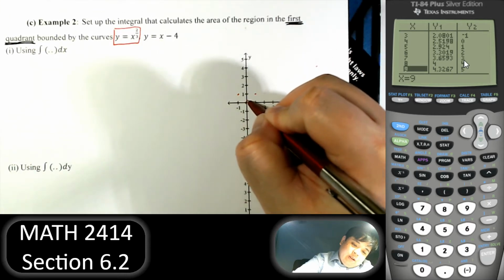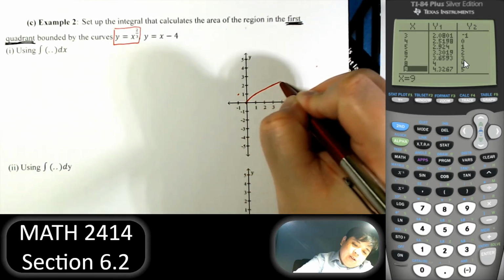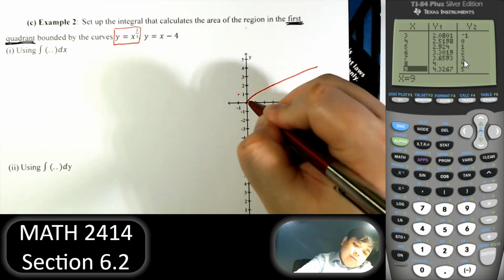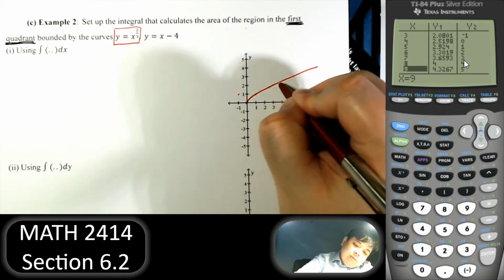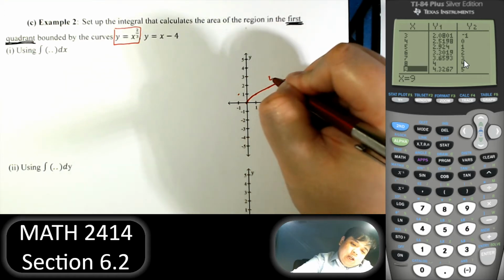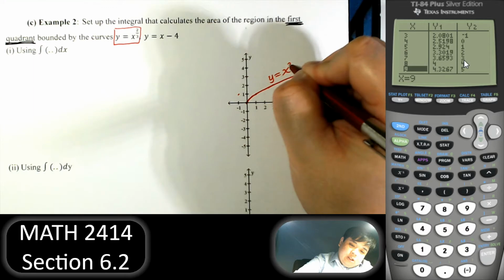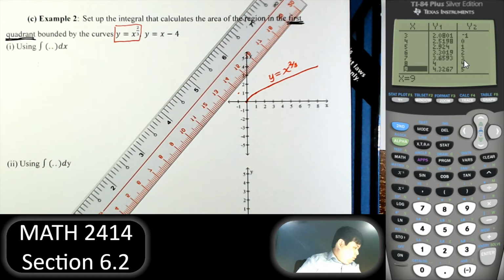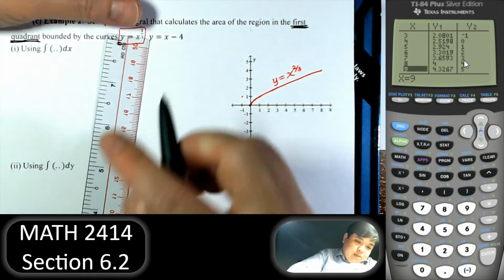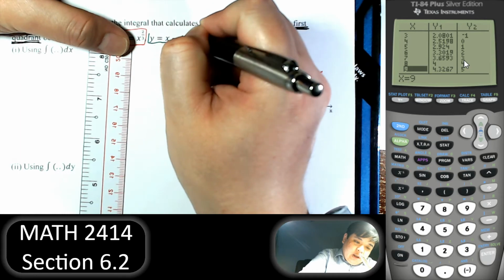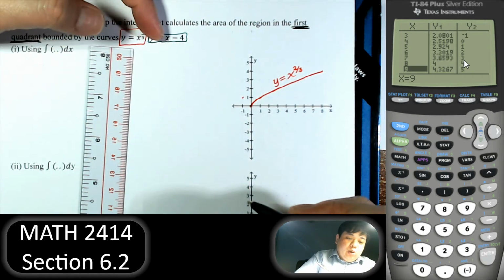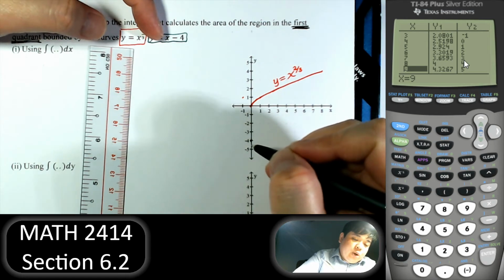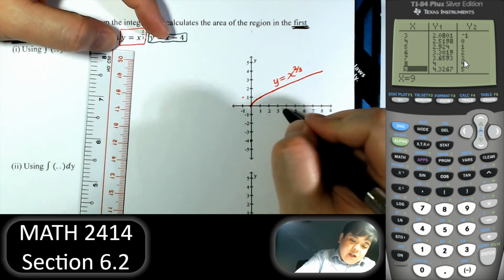So we have y equal to x to the 2/3, and then y equal to x minus 4. Y equal to x minus 4, this is an easy linear function. When x equal to 0, y equal to -4, x equal to 4, y equal to 0.